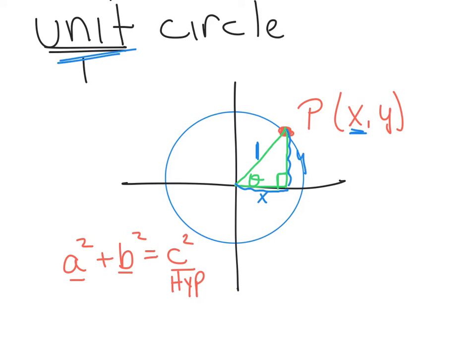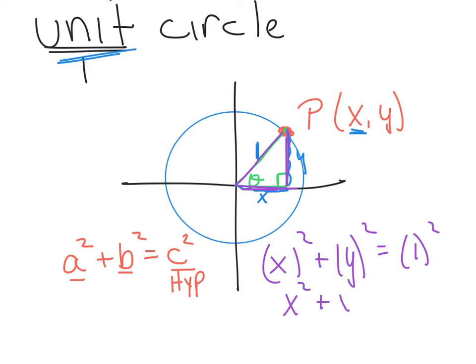So if I use the triangle we just drew and plug that into the Pythagorean theorem, my a could be my x distance, so that's going to become x squared, plus my b would be my y distance, so that's y squared, equals my hypotenuse squared. So that becomes x squared plus y squared equals 1.